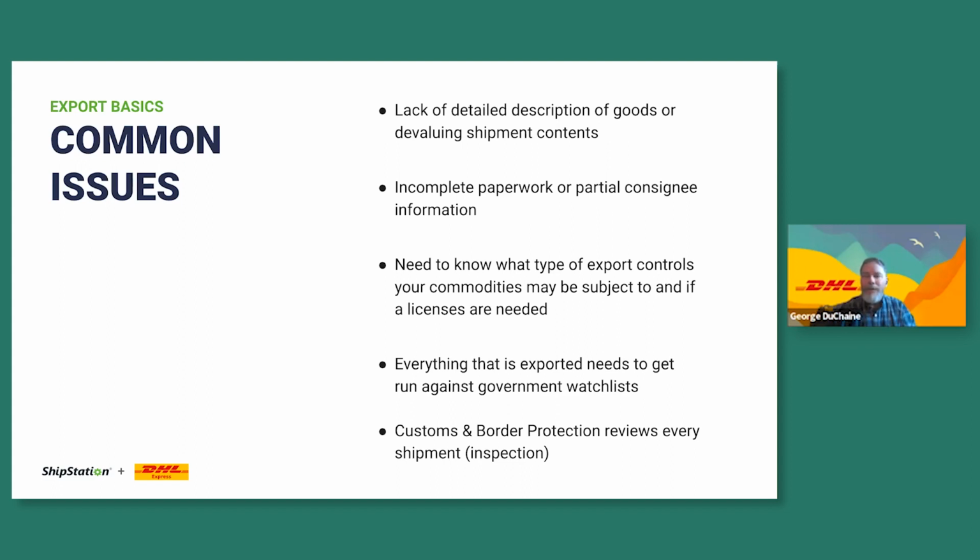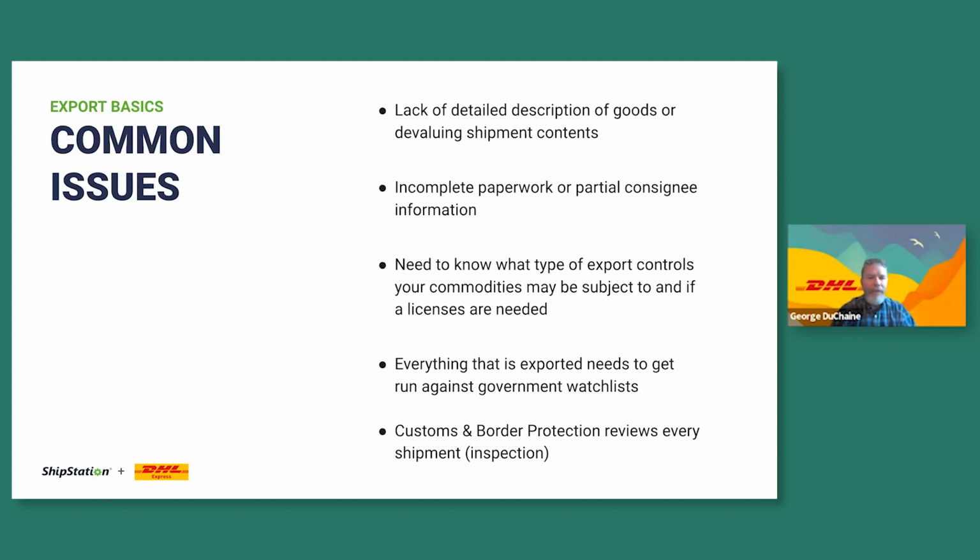But especially in the e-commerce world, you want to provide as good and detailed a description as possible, and you want that description and the value of those goods to match the proof of purchase that your buyer overseas is going to be providing to customs. Customs doesn't always demand that proof of purchase, but when they do, that information has to match. Otherwise, the shipment is going to incur a delay importing to the destination.